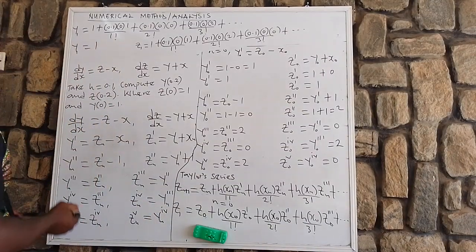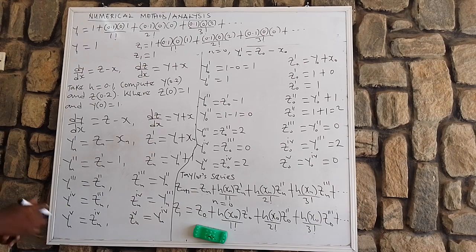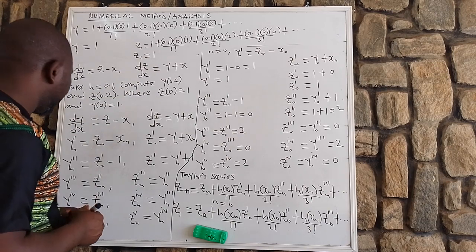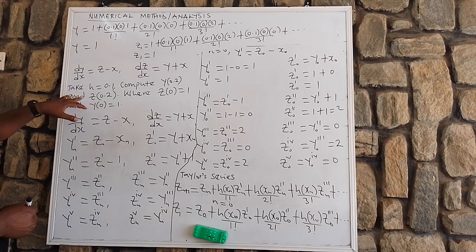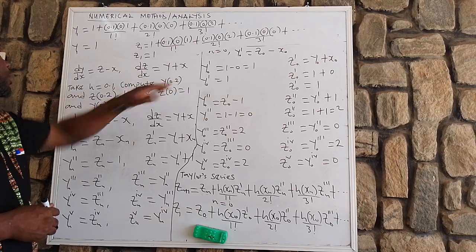So you discover that our z1 is also equal to 1. True or false? Do you agree with me? Okay, so now we are done with y1 as 1, z1 as 1. Now, they said we should compute y of 0.2.